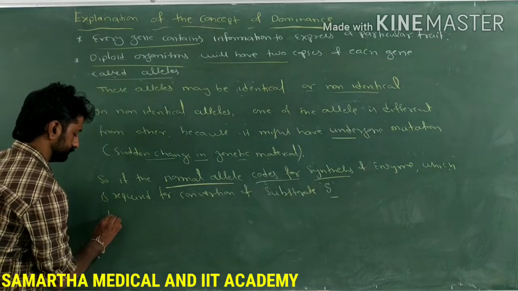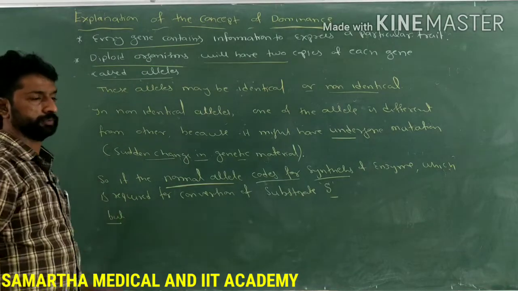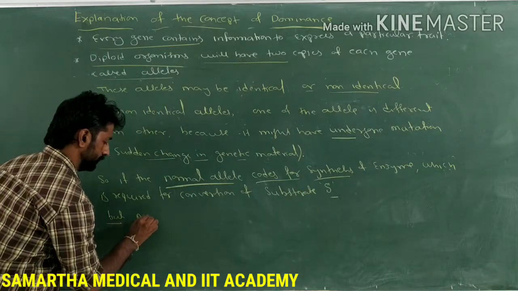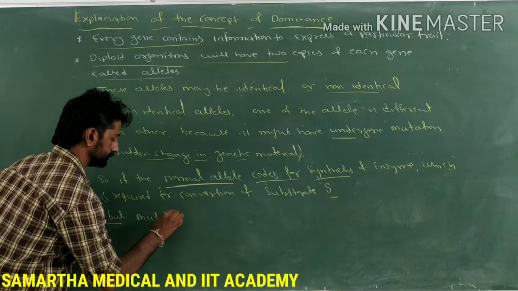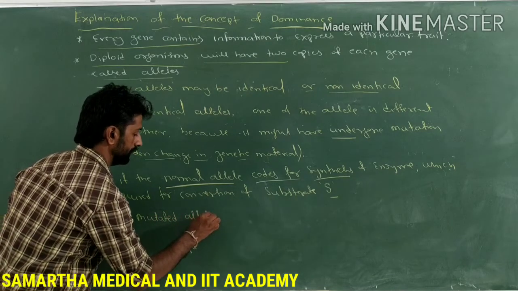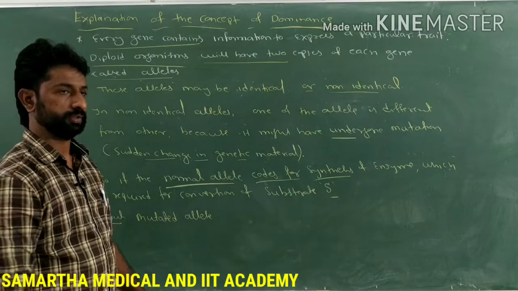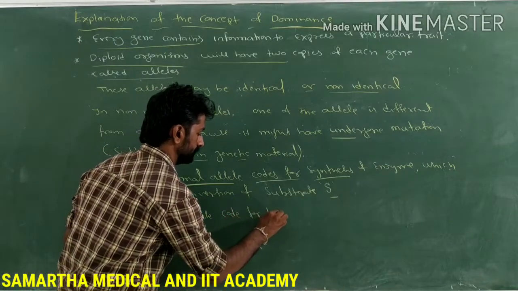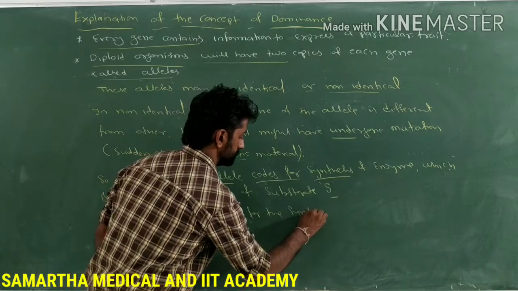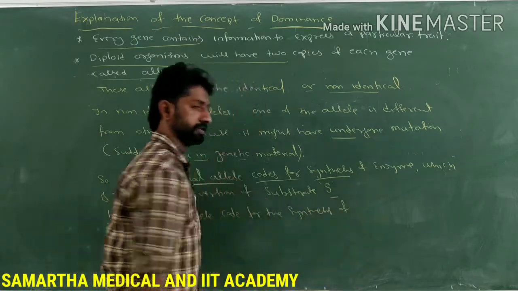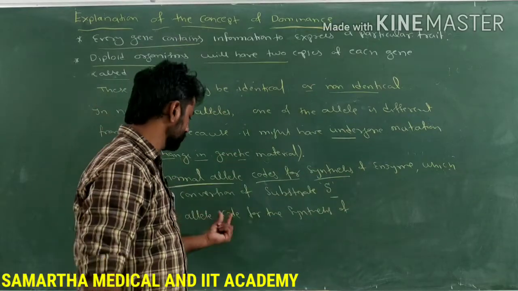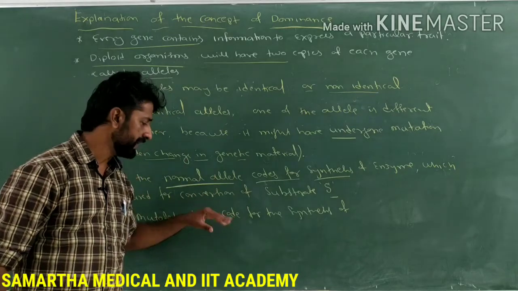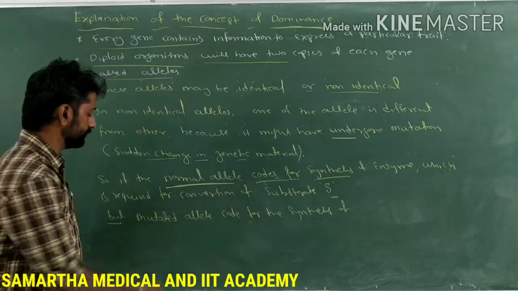But what about the mutated allele? What are the possibilities here? The information present in the allele for the synthesis of that enzyme has got altered because of mutation.